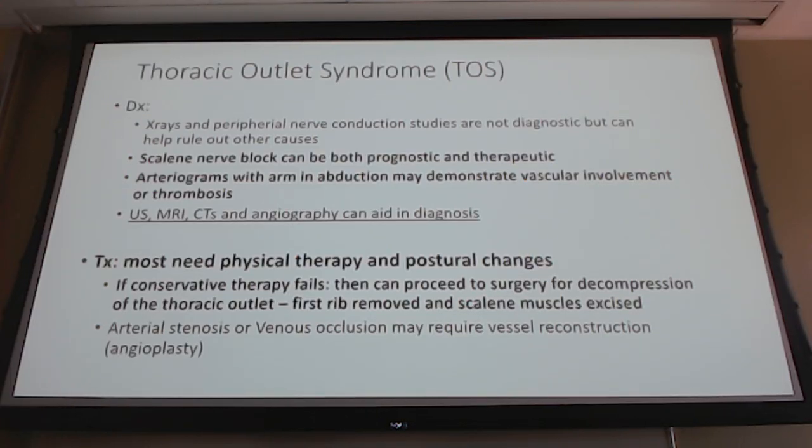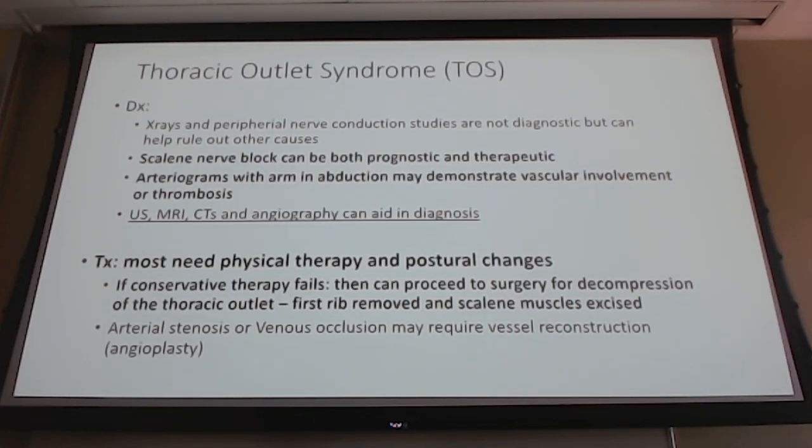And then you do an arteriogram, and if it is blocked, then it's most likely diagnostic. Okay. But that scalene nerve block is really what we want to do to try to do the therapeutic plus prognostic. Okay. Ultrasounds, MRIs, CTs, angiography can help. But really, we try to do that scalene block.